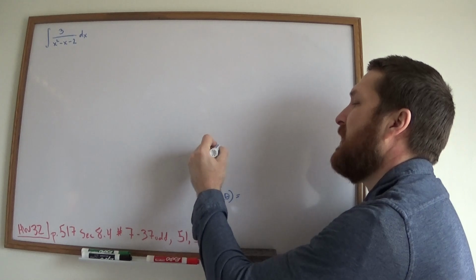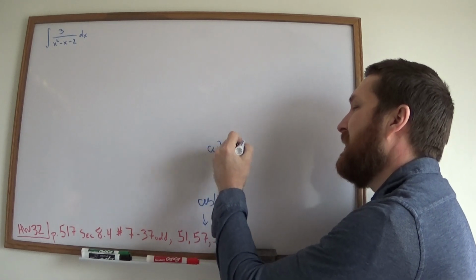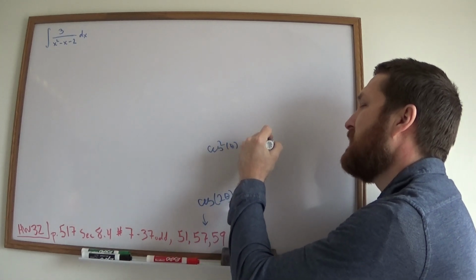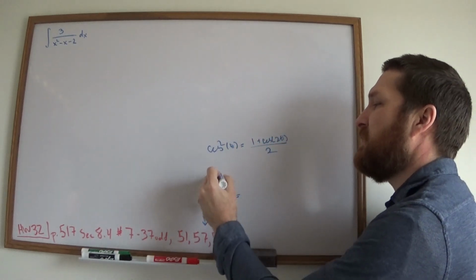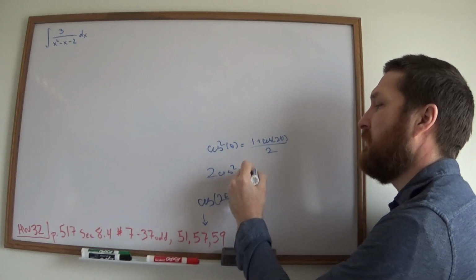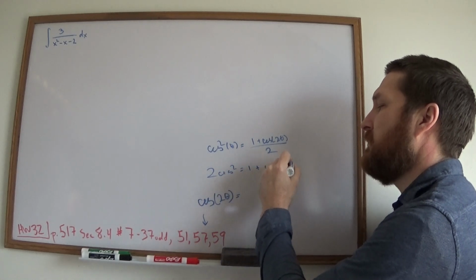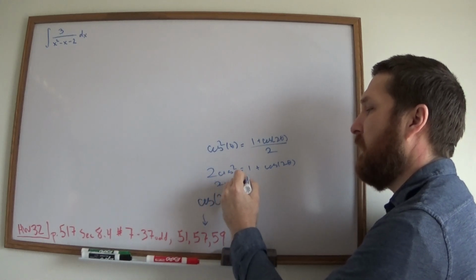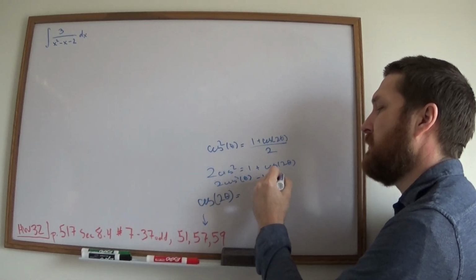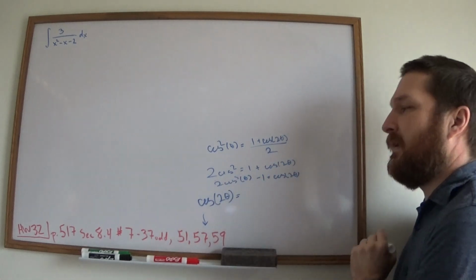We have cosine squared theta is (1 plus cosine 2 theta) over 2. We could rearrange this to get 2 cosine squared theta minus 1 is cosine 2 theta. You're going to need that.